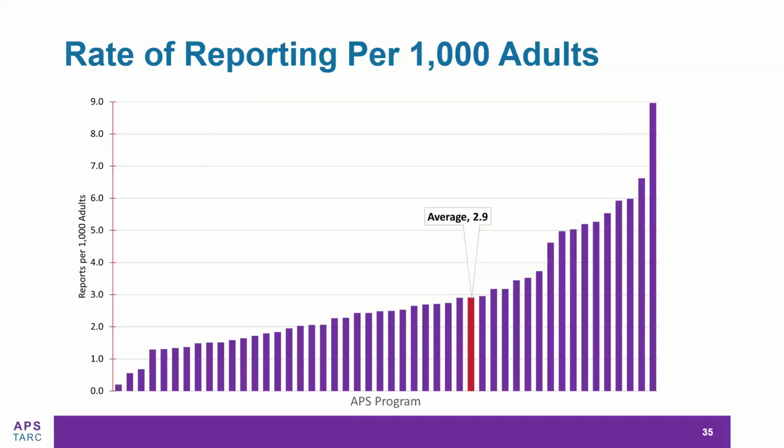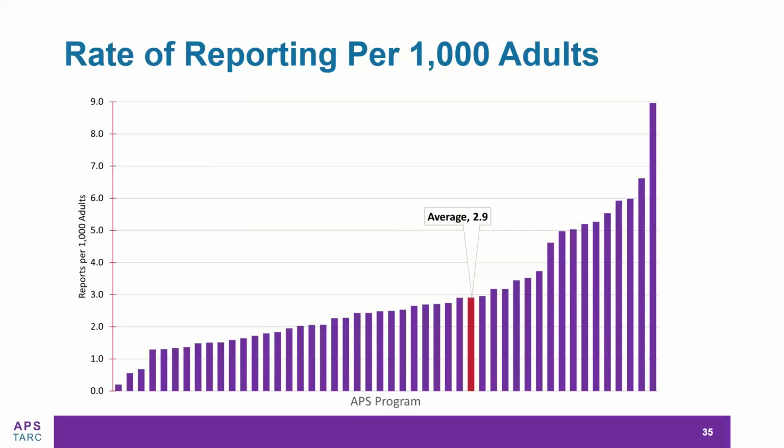What is the rate of reporting per 1,000 adults? So we've got the number of reports that are reported in NAMRS with just a simple mathematical calculation per 1,000 adults. And look at that. You go from a very, very small number on the left side of the graph to a very big number, 9, and that range is just incredible.